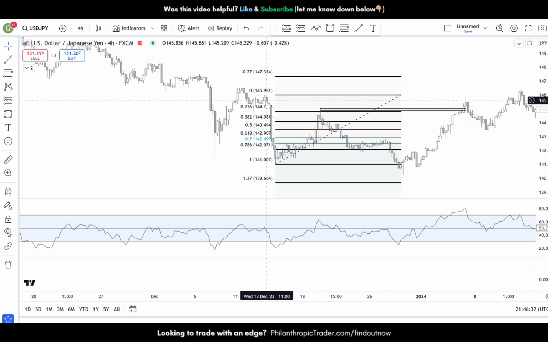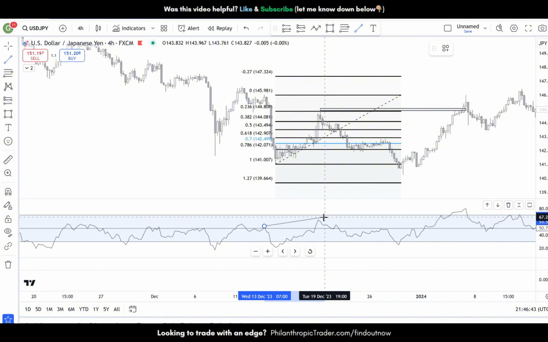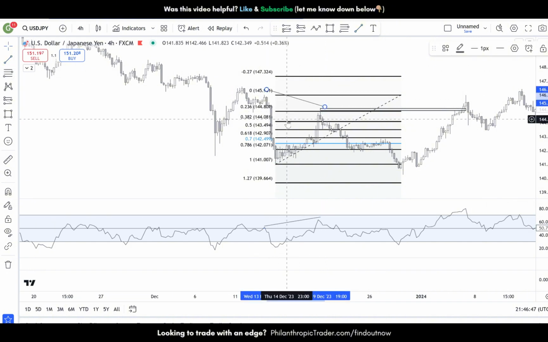This was our high on the chart level, the previous high on the chart level. But over here we see that our high on the RSI level is lower than this high. So again, we see a divergence, right?